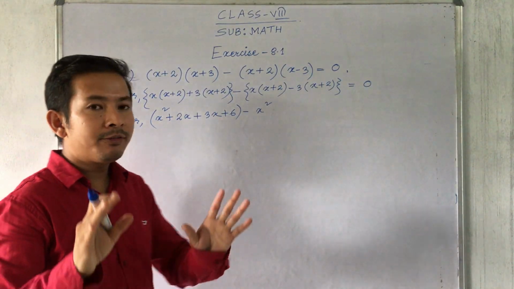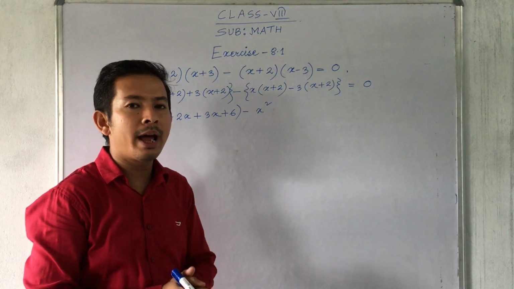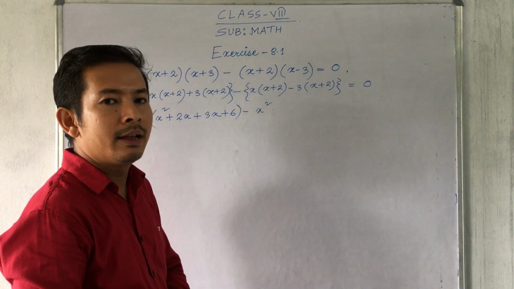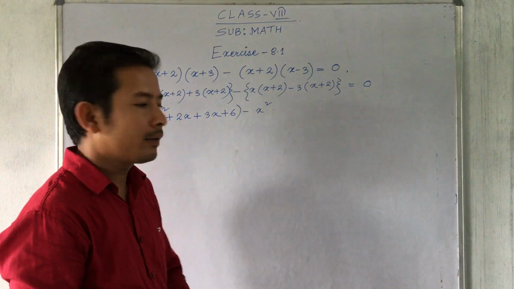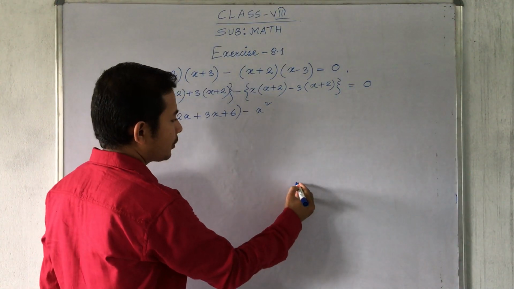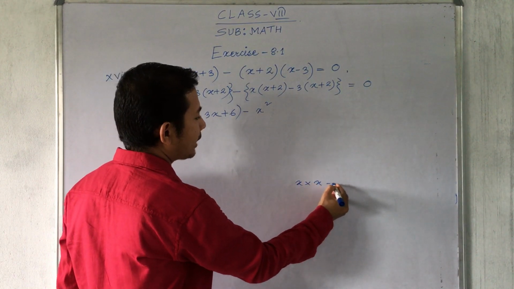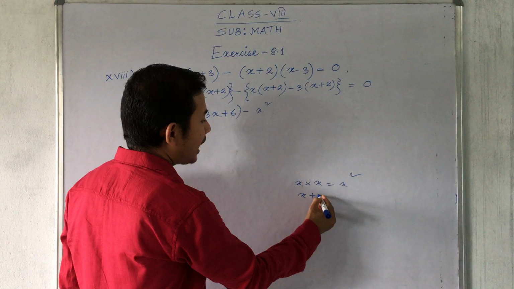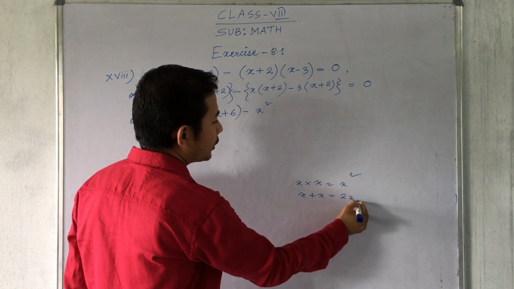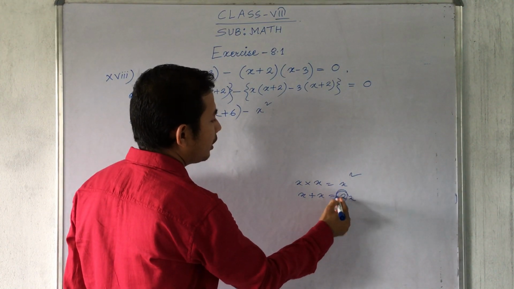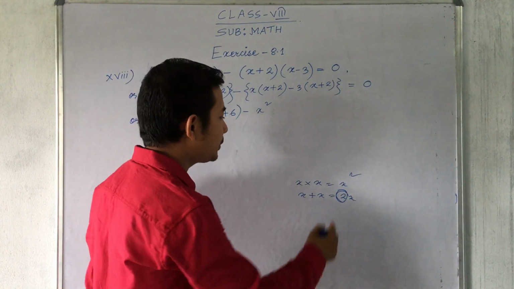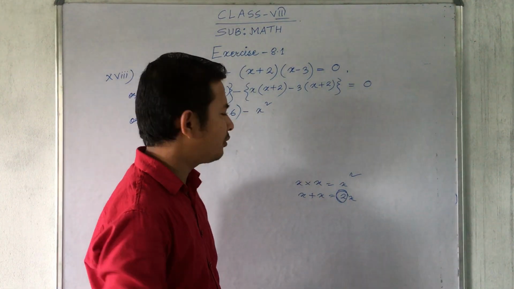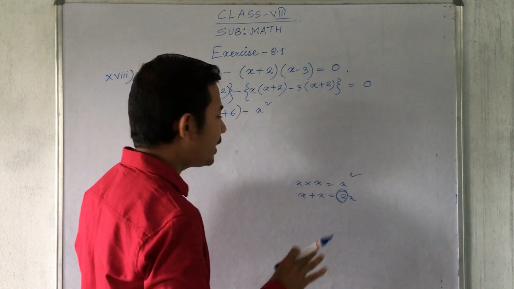You know that if you multiply the same variable, the power becomes square. For example, if you multiply x and x, it will be x square. But if you add x and x, it will be 2x. This power will come in front of the variable, and it becomes the coefficient of the variable. Understood? Very easy. This is the basic thing.